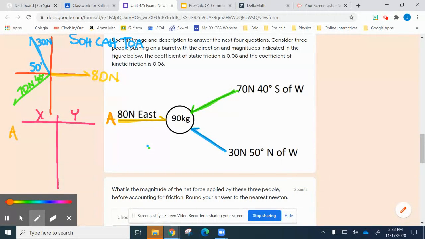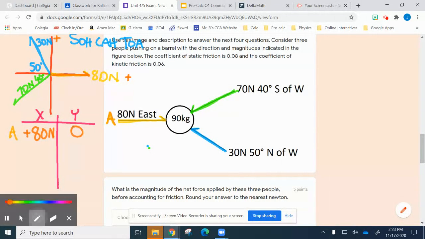So vector A has an x direction of 80 newtons. And there's nothing going up or down. It's directly east. And we're going to call that our plus direction, and this our plus direction for the y. And so there's 0 in the y.